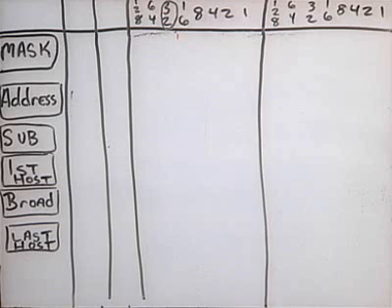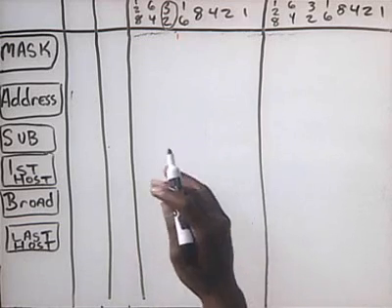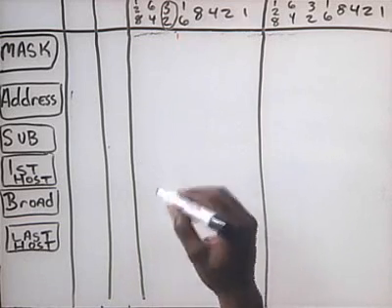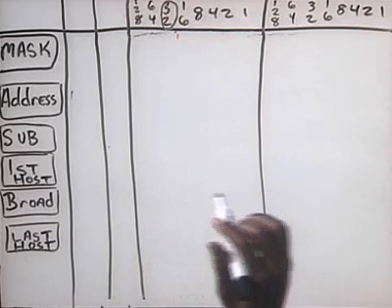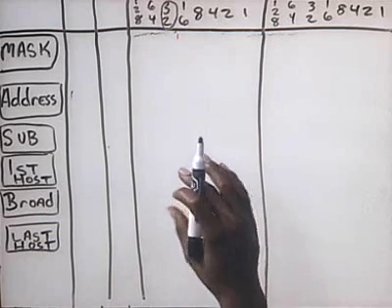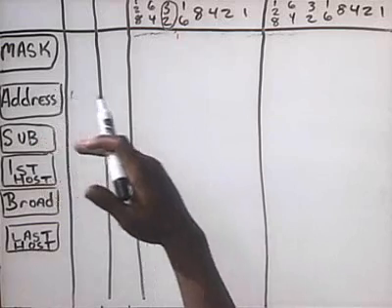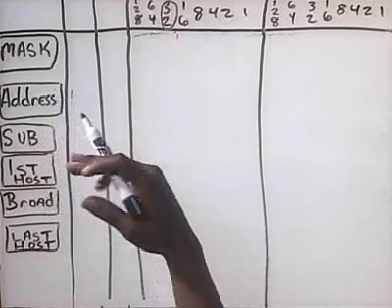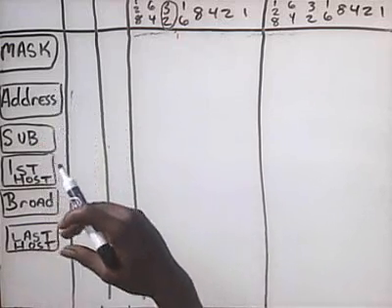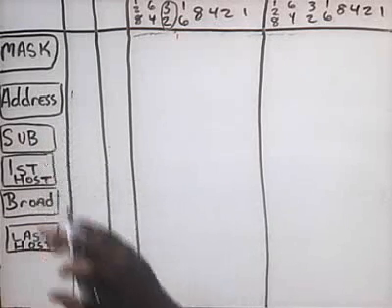Now let's look at our final scenario, coming up with the subnet address, broadcast address, and valid host range. So our last scenario here: given an IP address and subnet mask, find the subnet address that the IP address resides upon, find the broadcast, find the first host and last host, that's the valid range.